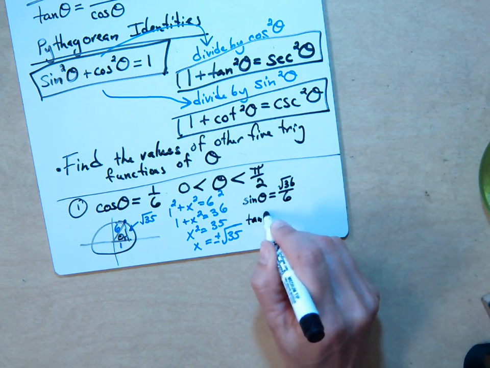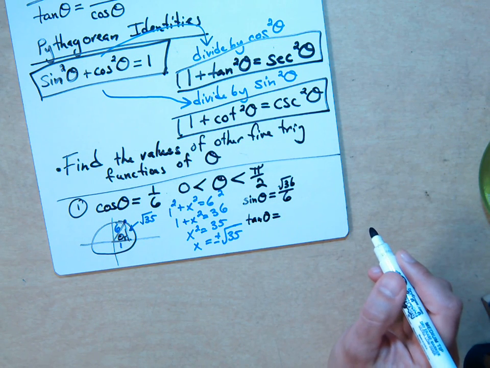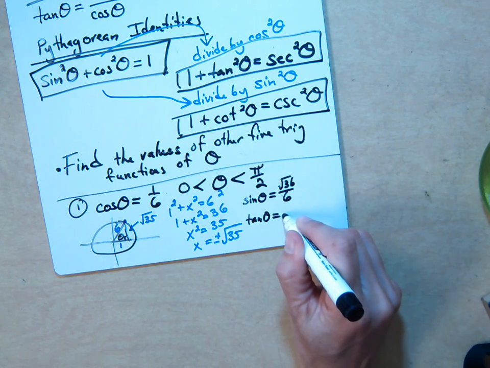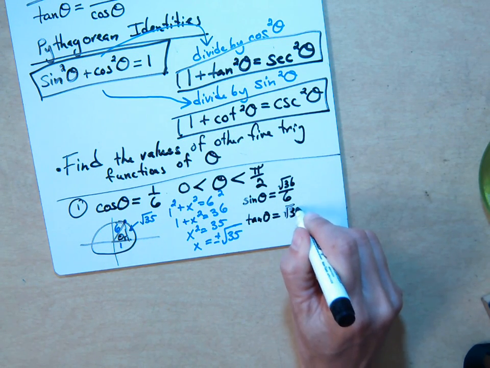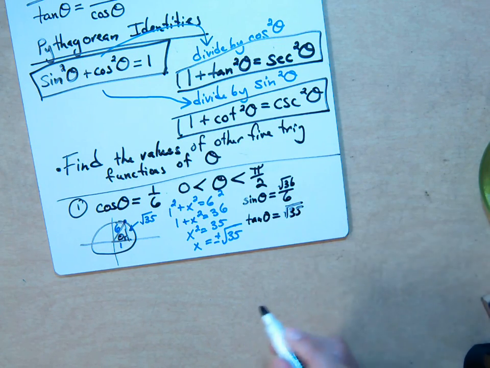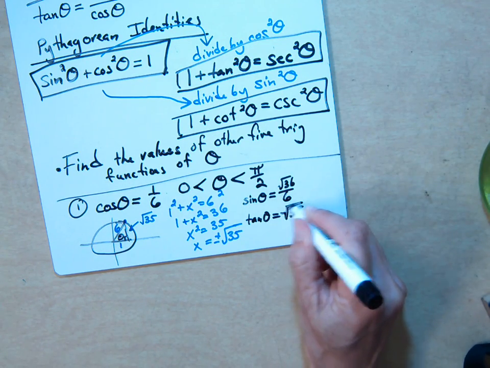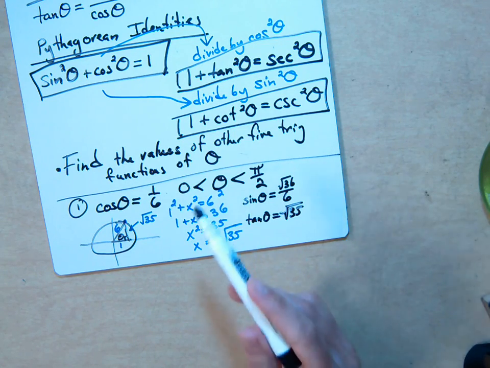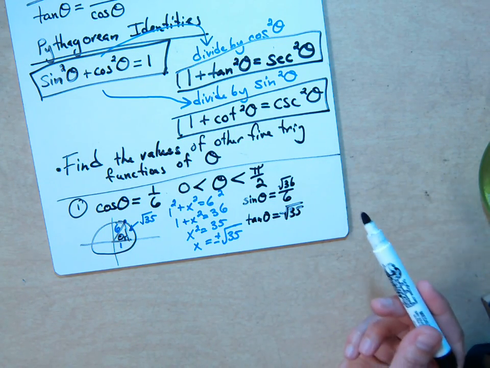Tangent is, by definition, opposite over adjacent, so that's just root 35. We're not going to put over 1 because that's the same as not seeing it at all. So tangent's root 35. Always do the basic functions first, then do the reciprocal.